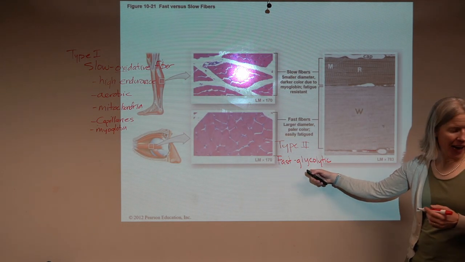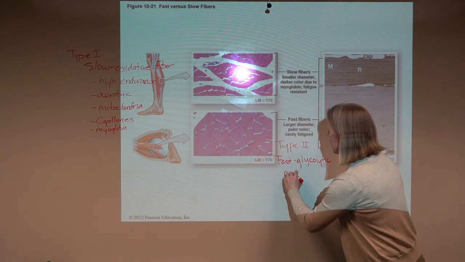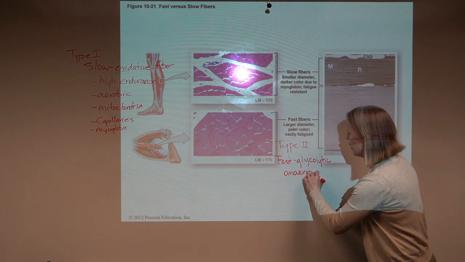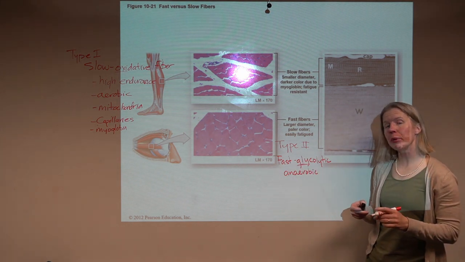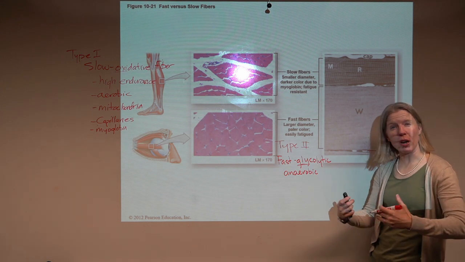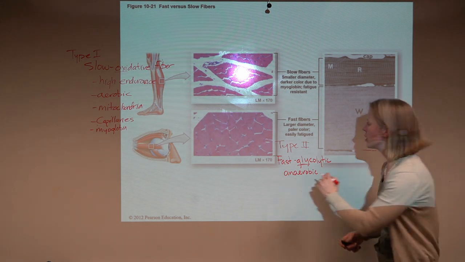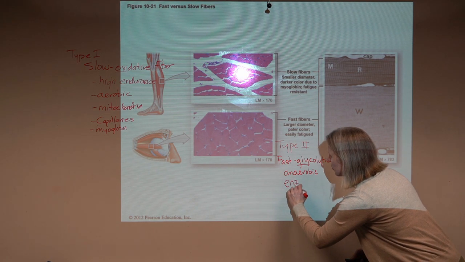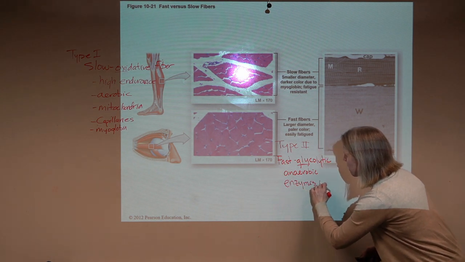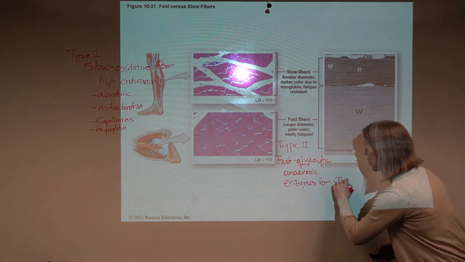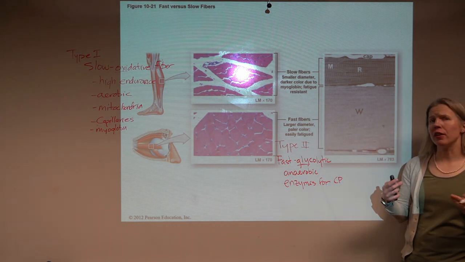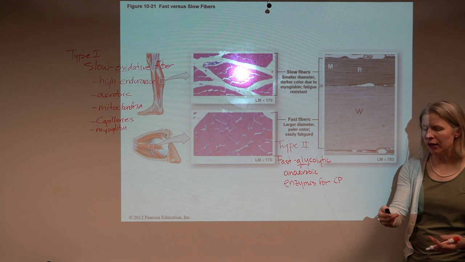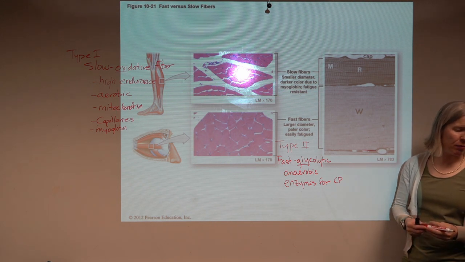But they are very anaerobic, right? They like to do glycolysis and get that quick ATP. They tend to have a lot more enzymes for that creatine phosphate system. Right? They don't have as many mitochondria, they don't have as rich a blood supply, they don't have as much myoglobin.